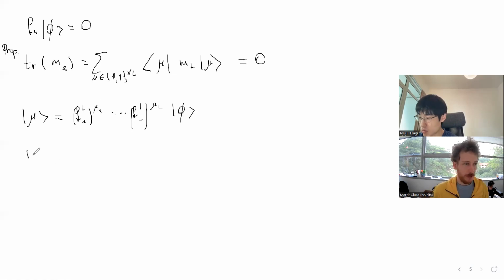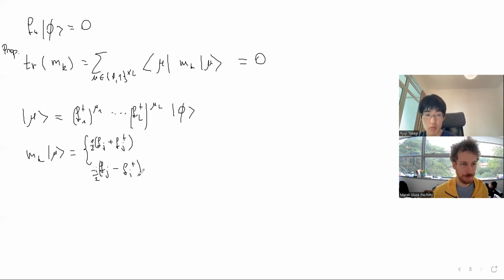So now if I apply mk to it, it's a little bit of a nasty computation, because either this will be fj plus fj dagger, or it will be minus i times 1/2 (fj minus fj dagger) applied to mu.